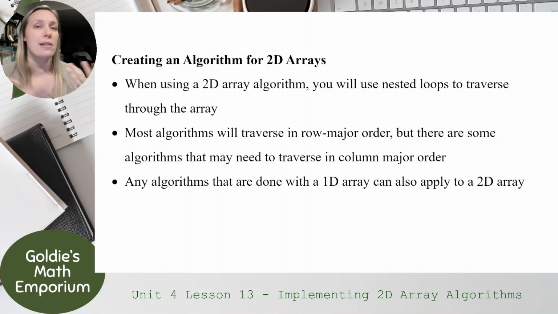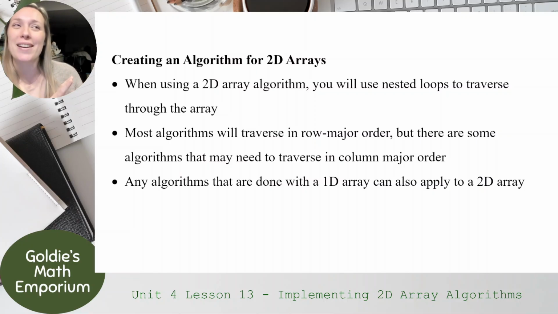We just have to have a nested loop thrown in there instead of just a one loop situation like we would with 1D arrays or array lists. So just know that we're going to cover three algorithms today, the three most common that are named in the CED, but you might also have to apply some of the algorithms you've learned before to two-dimensional arrays.